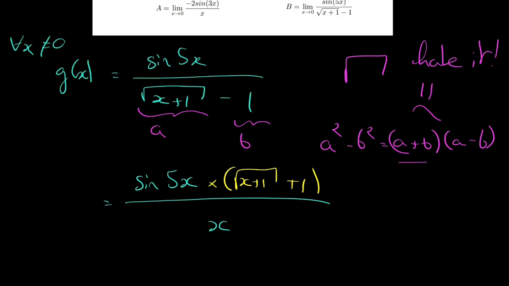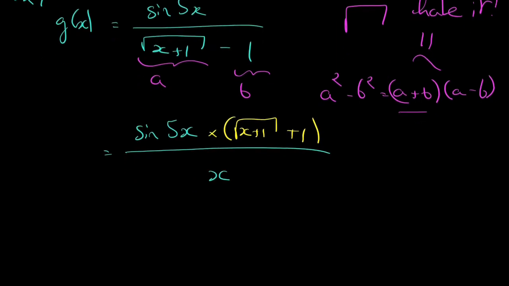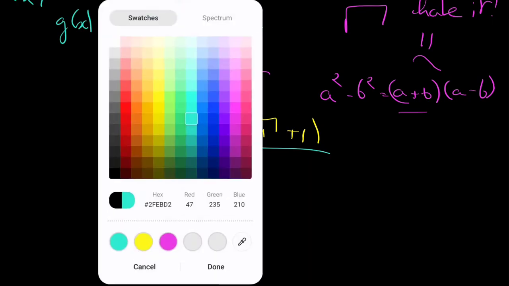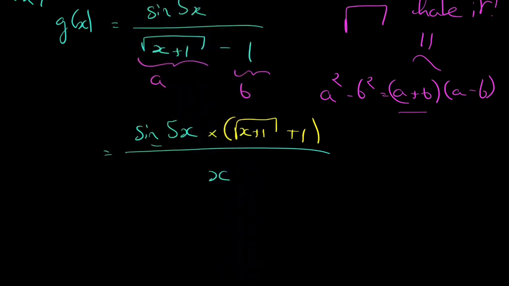And now this is very easy, because this thing will have a limit in 0, okay? This does not cause any problem. But for this one, sinus of 5x over x, we just have to make appear a 5 at the bottom and multiply by 5 at the top.